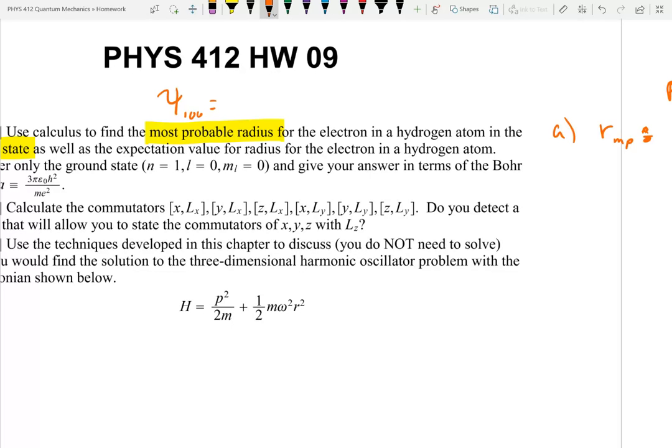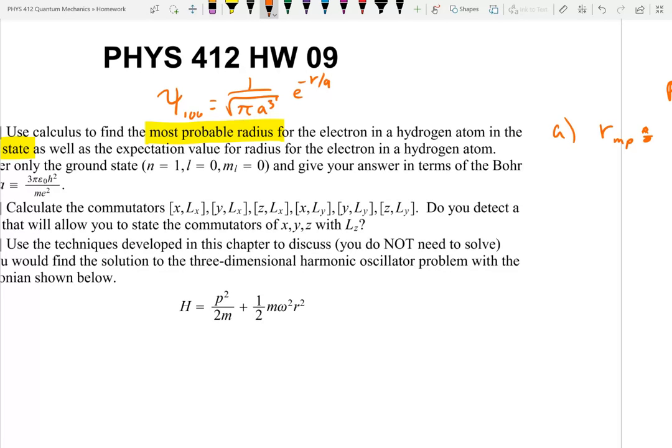Okay, equation 480 on page 151. So that's the wave function we're using for this.